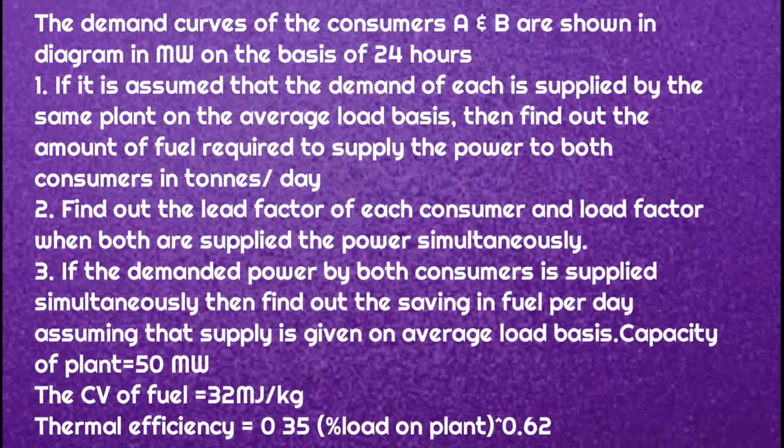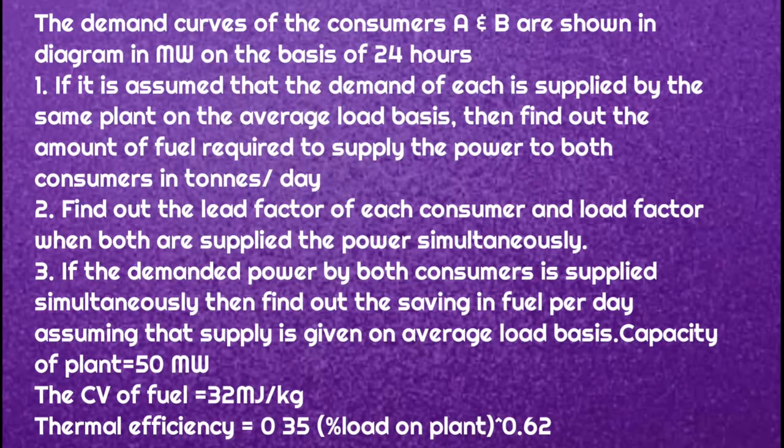Find out the load factor of each consumer and the load factor when both are supplied the power simultaneously. If the demanded power by both consumers is supplied simultaneously, then find out the savings in fuel per day, assuming that the supply is given on the average load basis.